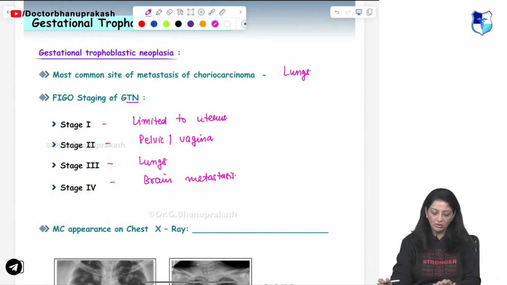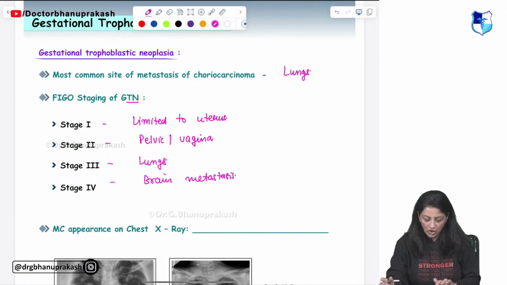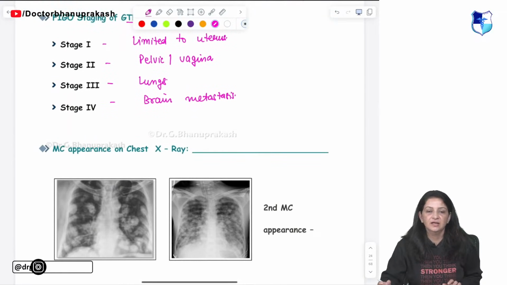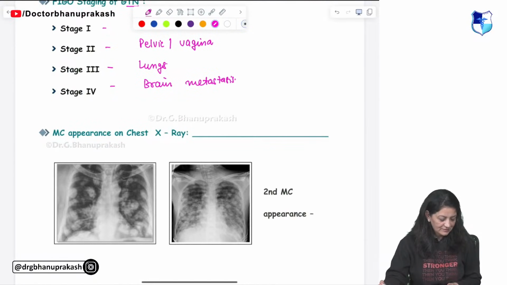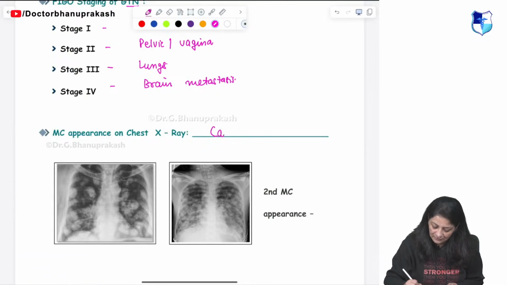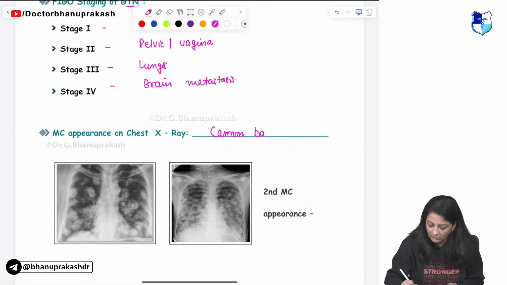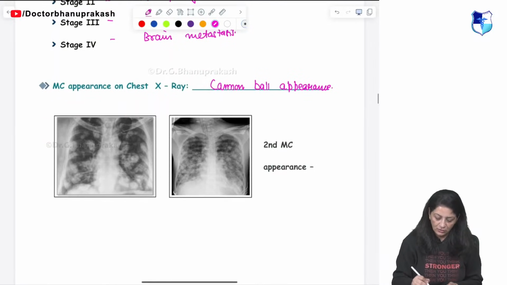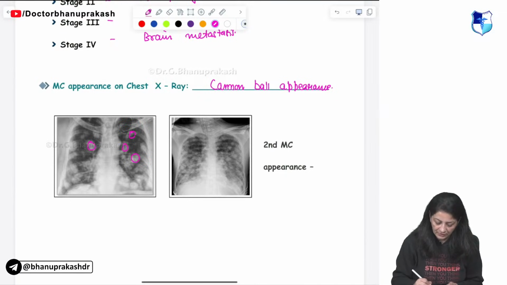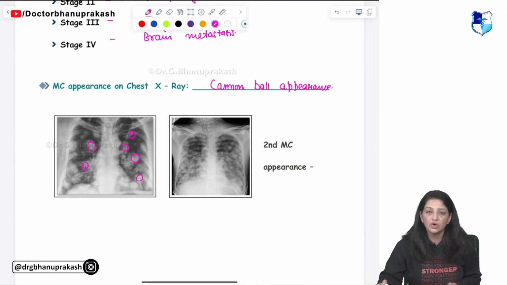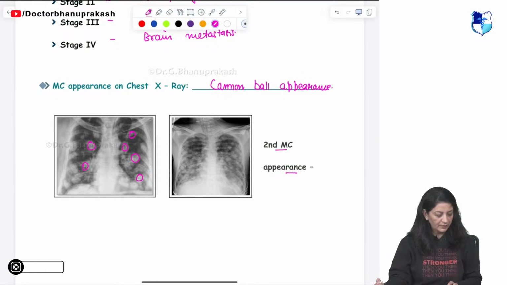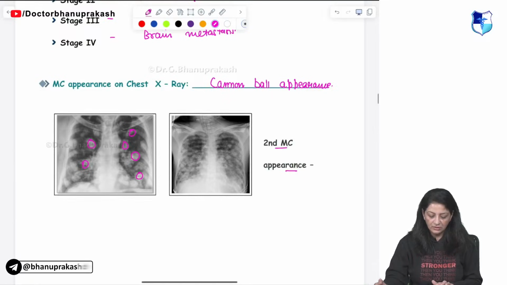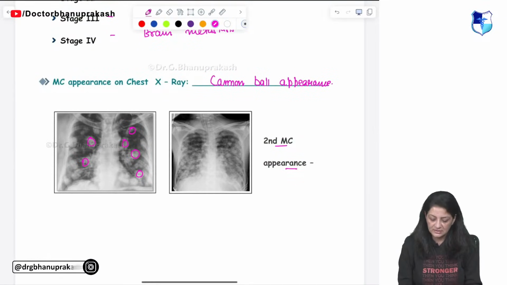This is the FIGO staging of GTN. So most common appearance on chest X-ray in case of choriocarcinoma metastasis? Yes, cannonball appearance. Cannonball appearance on chest X-ray in choriocarcinoma. And what is the second most common appearance in case of choriocarcinoma metastasis in lungs?